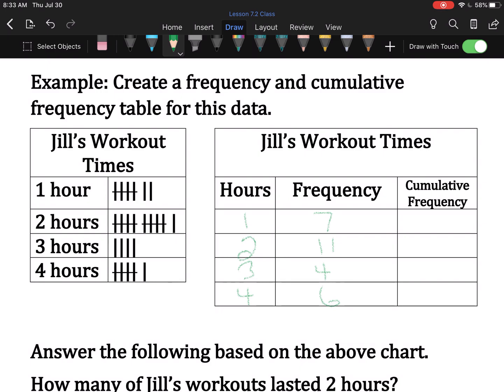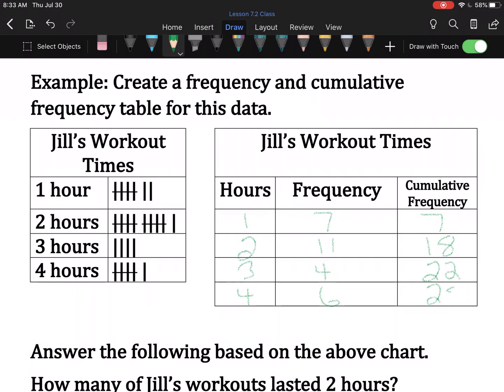Now, cumulative frequency means total frequency. So in the first row, frequency and cumulative frequency are the same. In the second row, though, the cumulative frequency, the total frequency, the added frequencies, is actually 18. It's 7 plus 11. In the third row, the cumulative frequency will be the 18 from before plus the 4 that's here now.